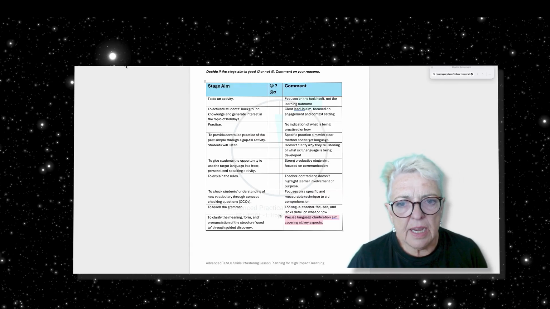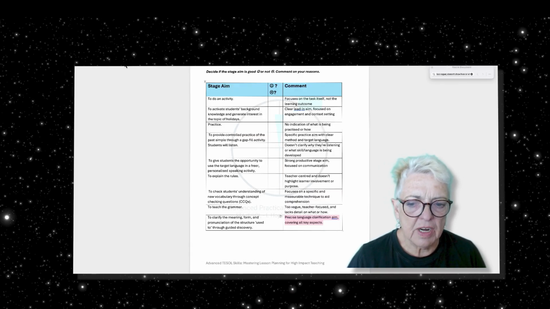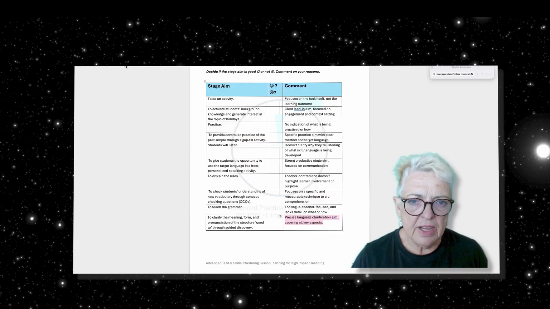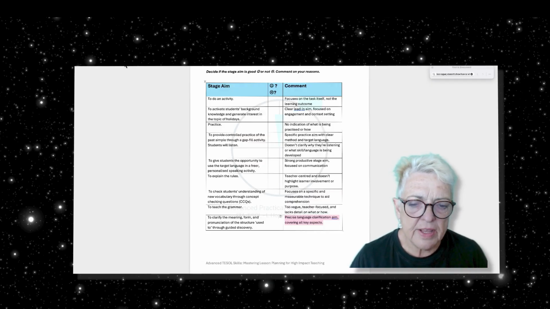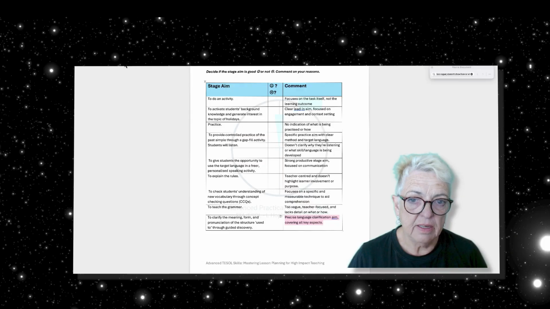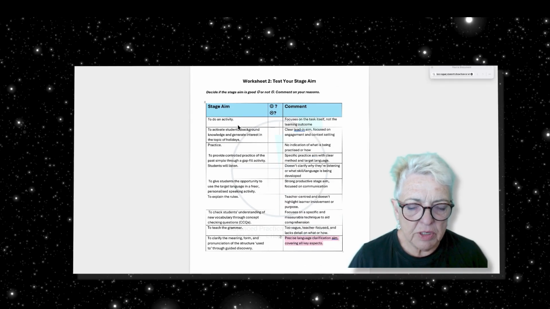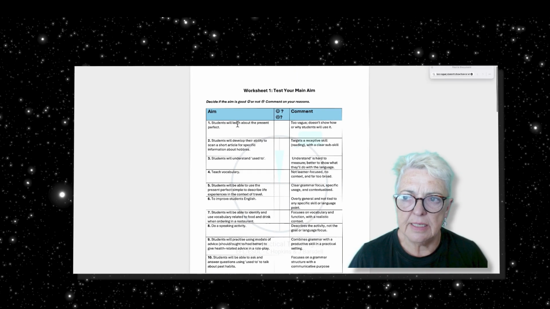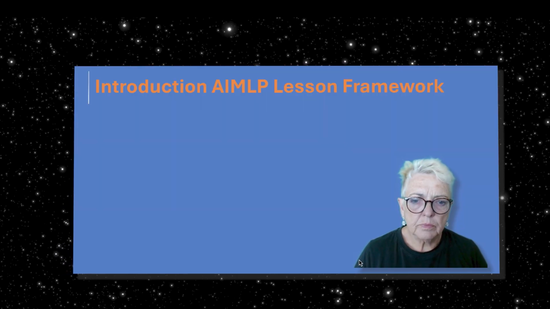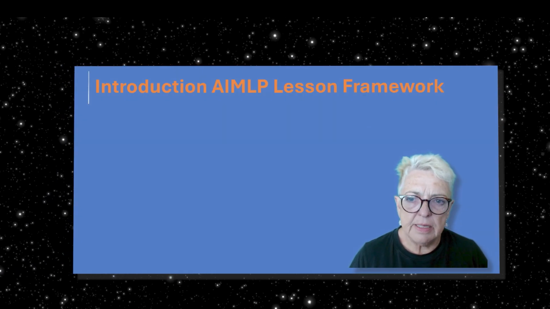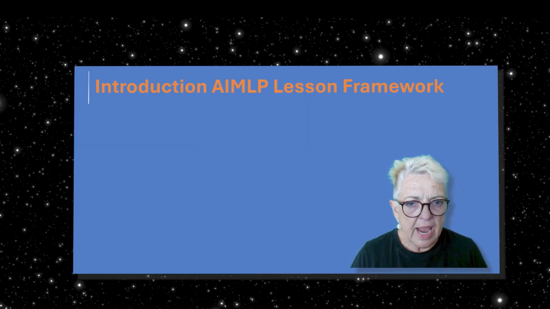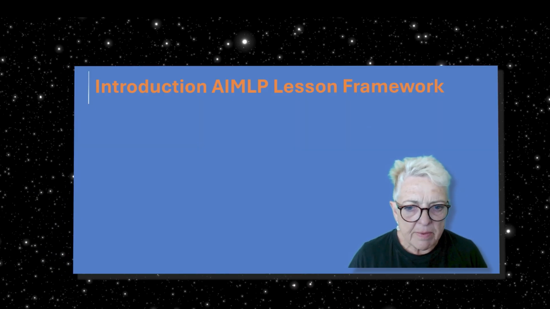So in both stage and main aims, we're looking for clarity. Is it clear that the person knows why they're doing what they're doing? So the stage aims are sort of the route and the main aim is the destination. A few years ago, a friend of mine designed what he called the AIM-LP lesson framework.